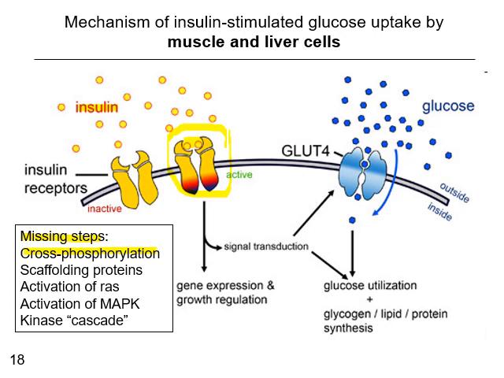Cross-phosphorylation. These phosphorylated subunits recruit scaffolding or adapter proteins that recruit and activate a small G protein called RAS. RAS activates MAP kinase, which activates a kinase cascade.